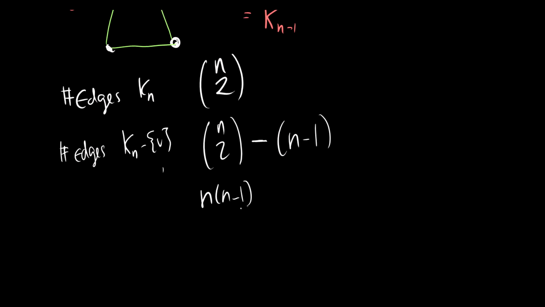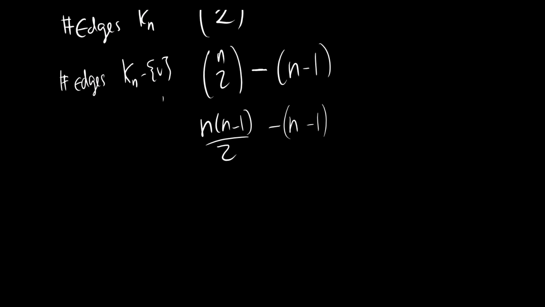Well, this is the same thing as n times n minus 1 over 2 minus n minus 1. So, what do we have here? We could put it all over the same common denominator. So this is going to be n times n minus 1 minus 2n plus 2 all over 2.